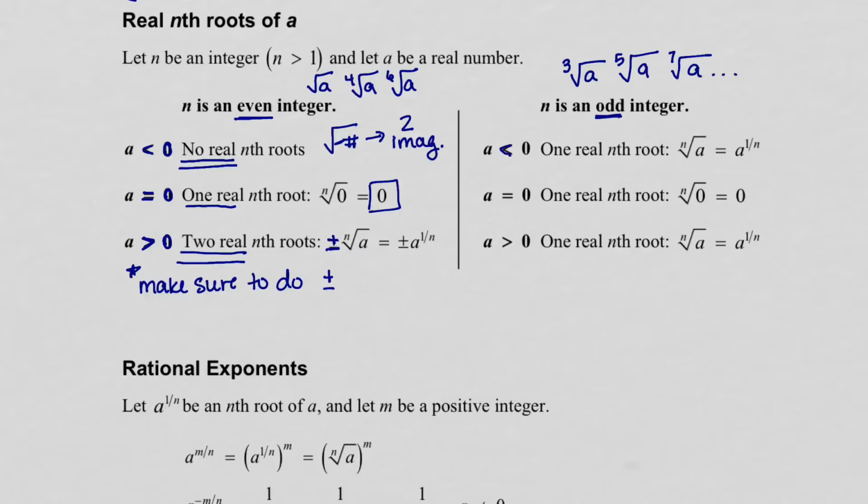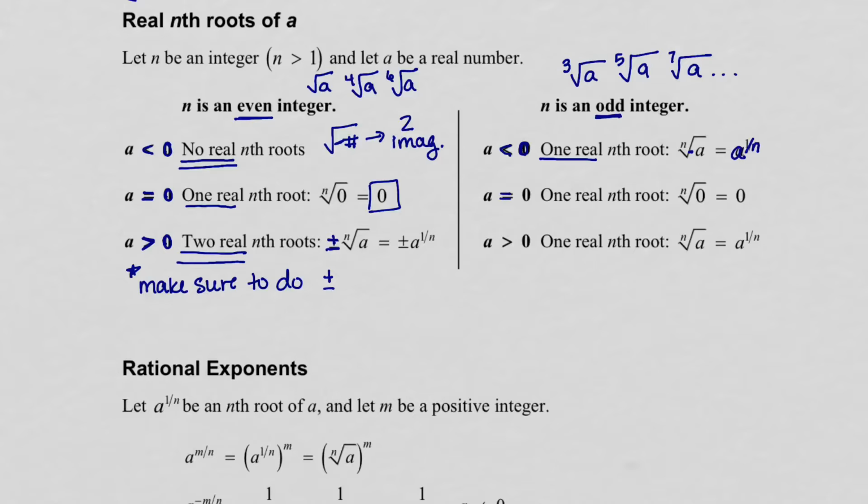So when a is less than 0, so that would actually be a negative, it doesn't make a difference. You're going to have one real root. Right here's our index, there's our base.